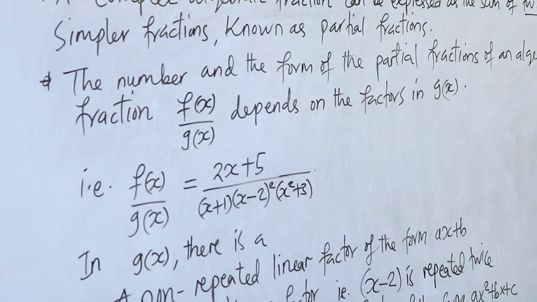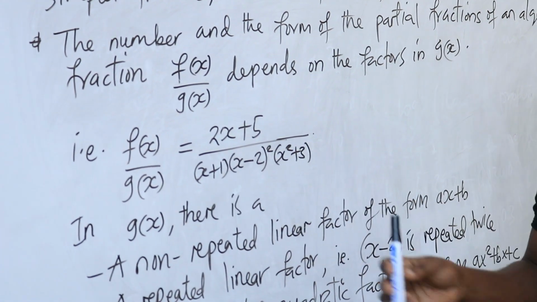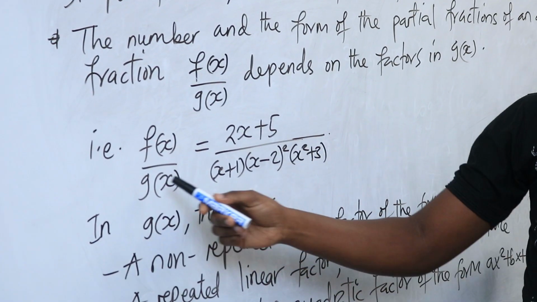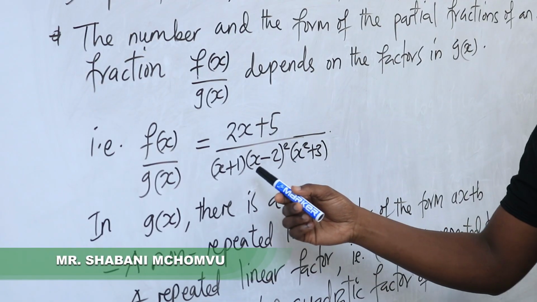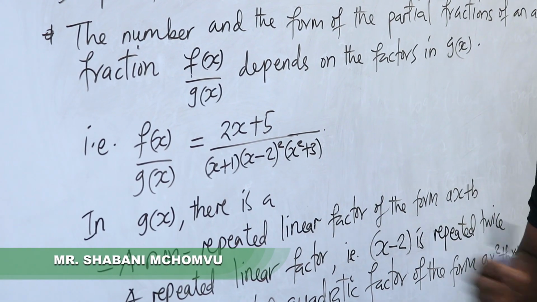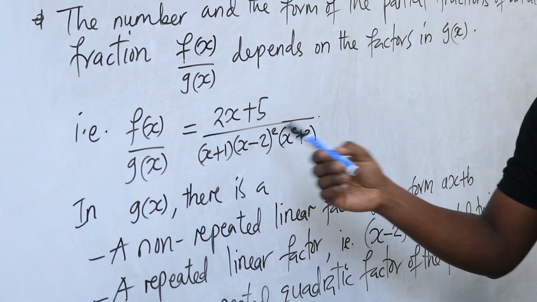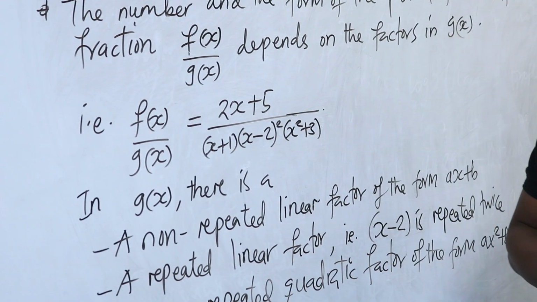Now, as you can see here, f of x is 2x plus 5 as a numerator expression, and g of x equals the product of some factors expressed in different forms. For example, this one is linear, this one is also linear but repeated, and this is a quadratic factor.